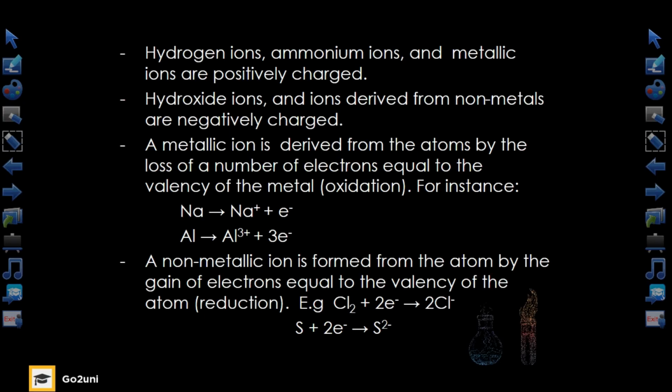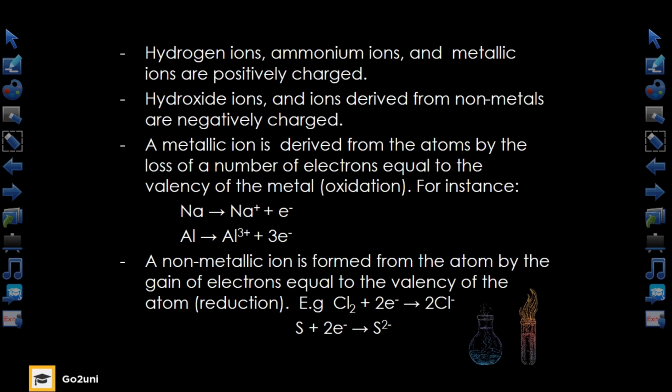Soluble salts, when dissolved in water, dissociate into their ions. These ions could be cations, anions, or even radicals. Cations like the sodium ion and aluminum ion, for example. Anions like the chloride ion or the sulfide ion, as we can see displayed on the screen. And we can even have radicals, for example, when potassium carbonate is dissolved in water, it dissociates into the potassium ion and the carbonate ion, CO3 2-.